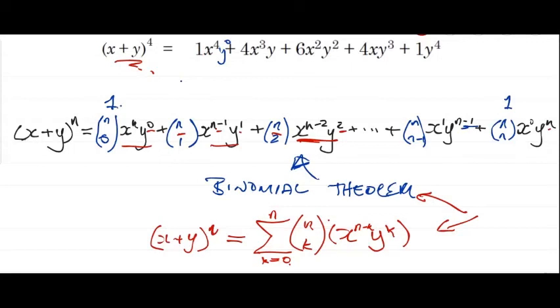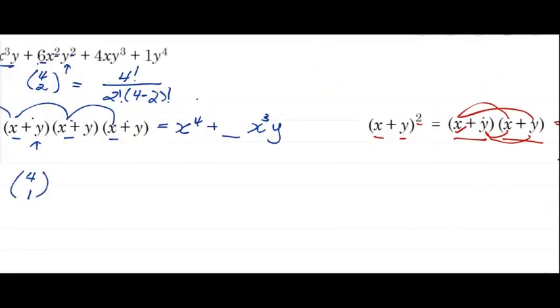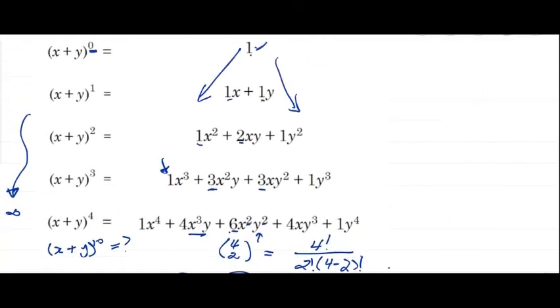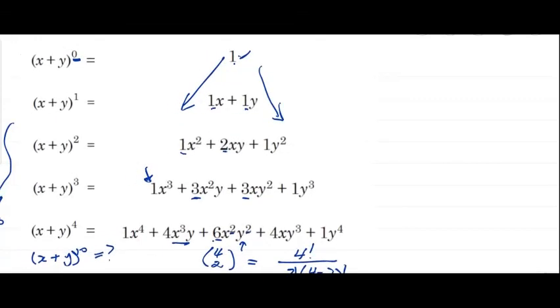One last thing I want to leave you with is let's go back and look at these binomial, here we go. Isn't that beautiful? Okay, Pascal's triangle. Alrighty, now let's take a look at this.